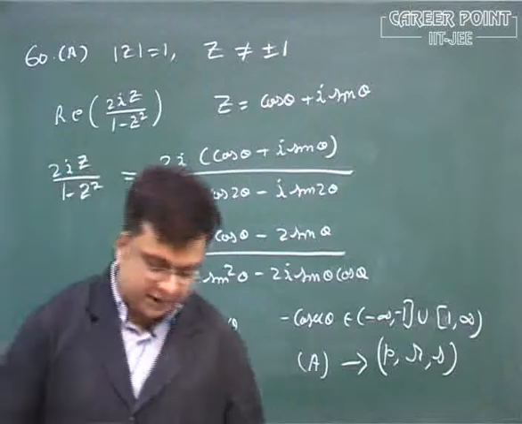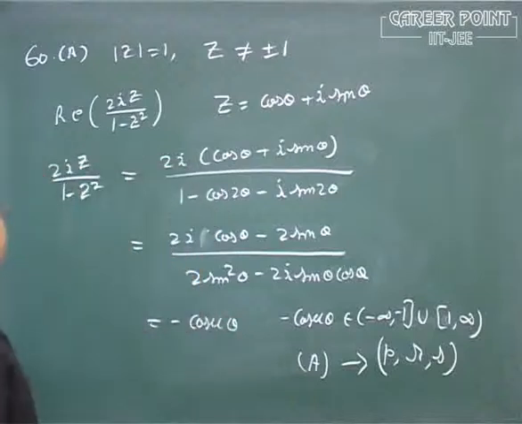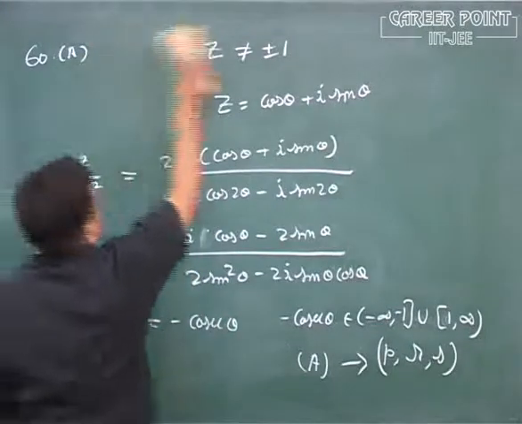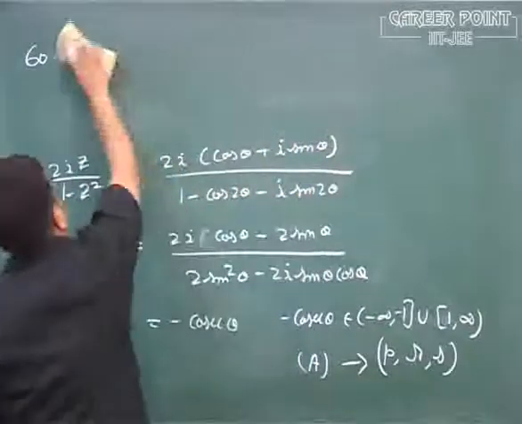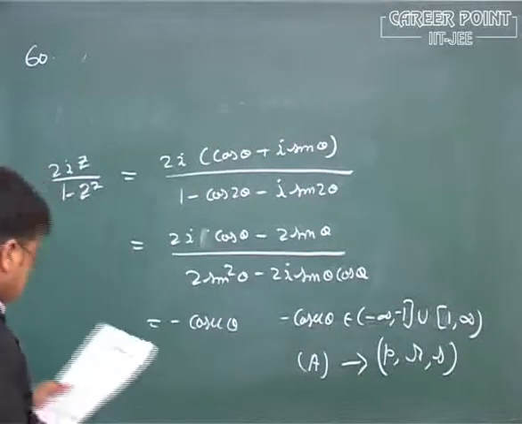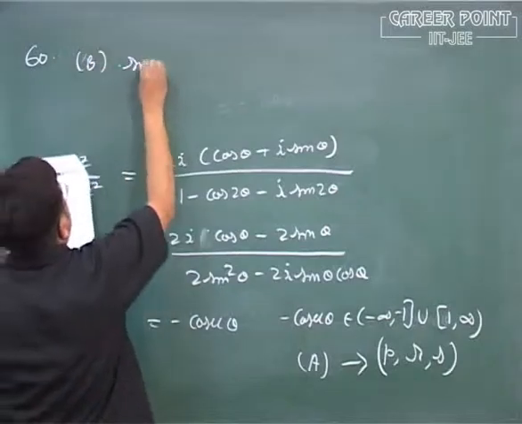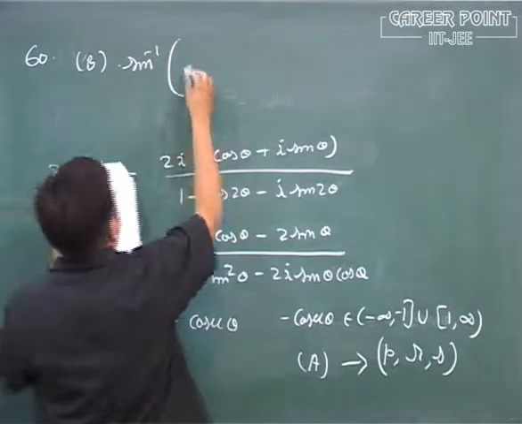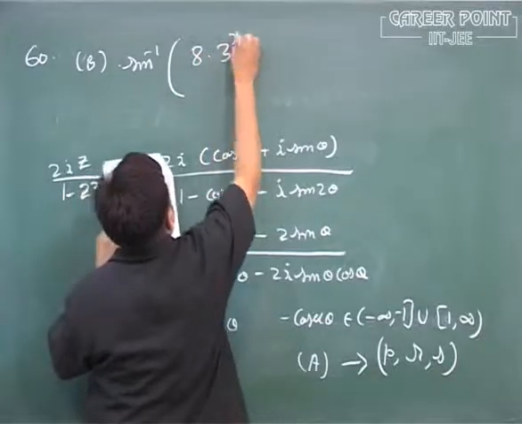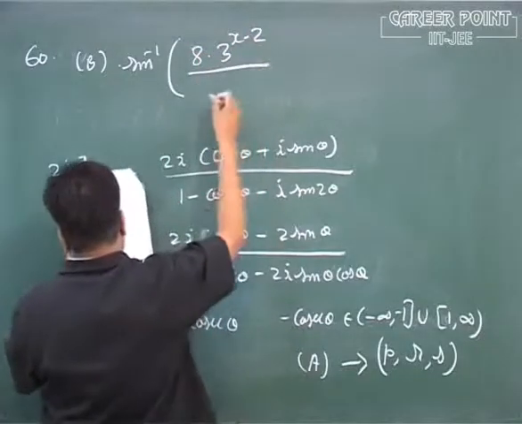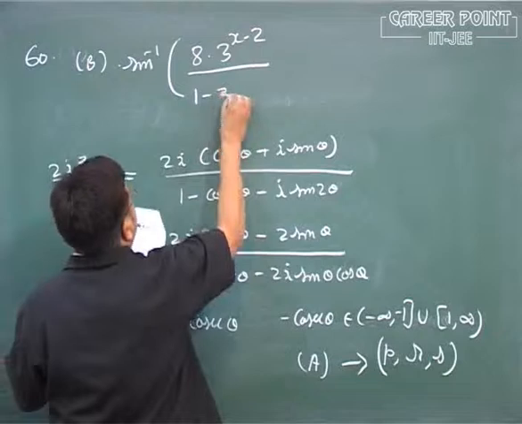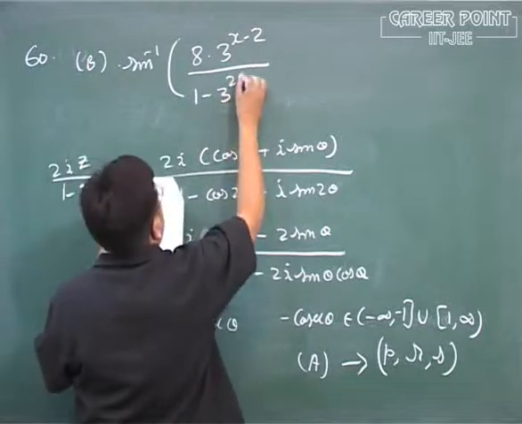Now, taking the second part of this question, we get: find the domain of sine inverse of 8 into 3 raised to the power x minus 2 upon 1 minus 3 raised to the power twice of x minus 1.